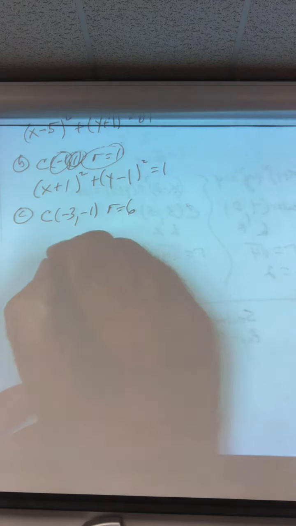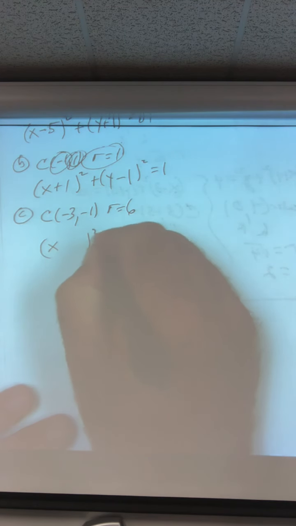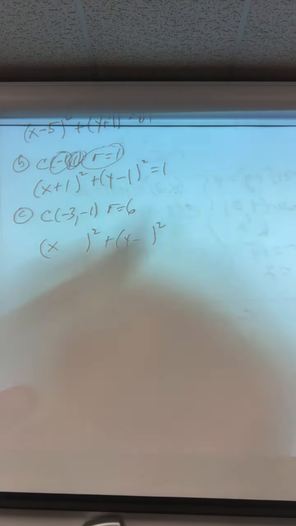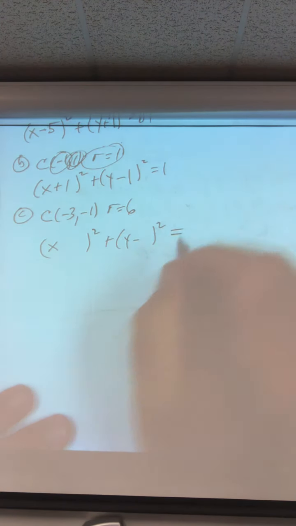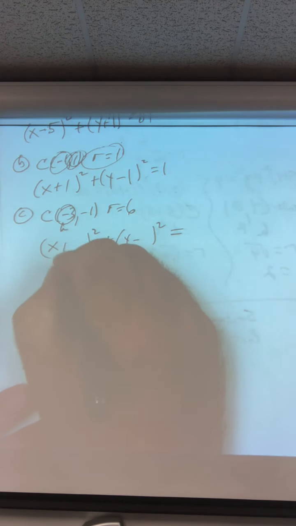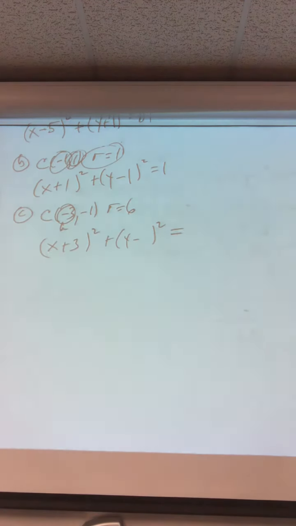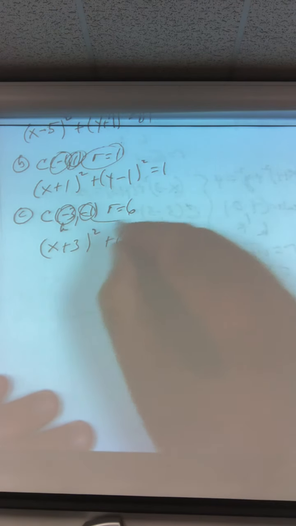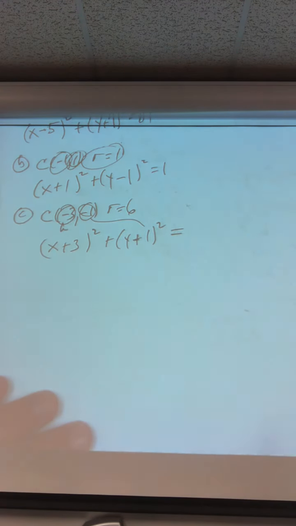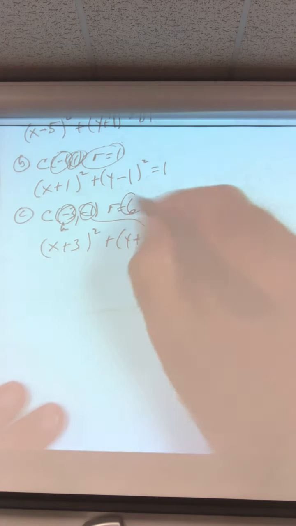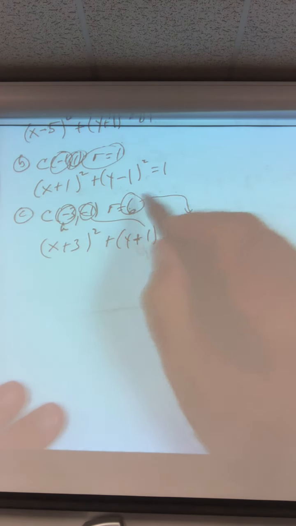So the equation of the circle is going to be x, this is h, but when you put it back, it's x plus 3 squared, plus y, when you put this back, it becomes y plus 1 squared, equals, and then when you take this and put it back, you're squaring it. 6 squared is 36.